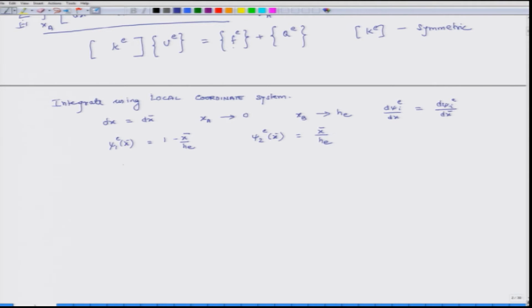So, my derivatives: d psi 1 over d x bar equals minus 1 over h e, and d psi 2 over d x bar equals 1 over h e.